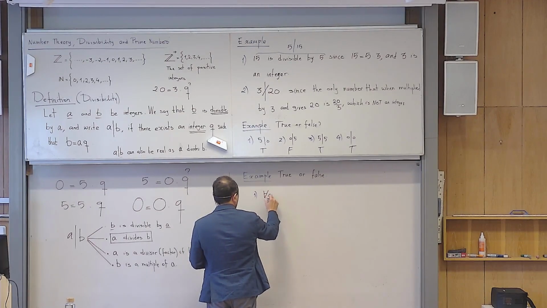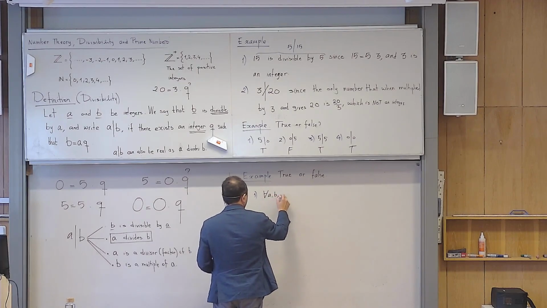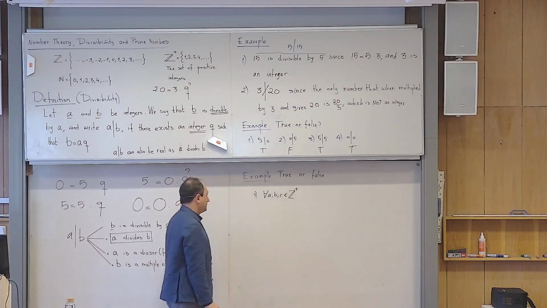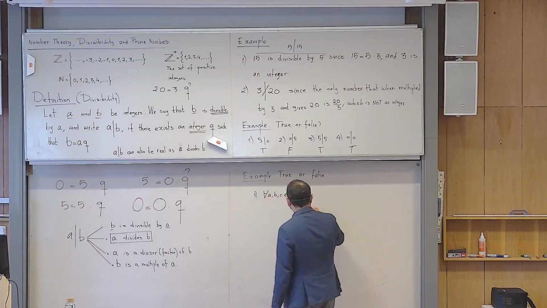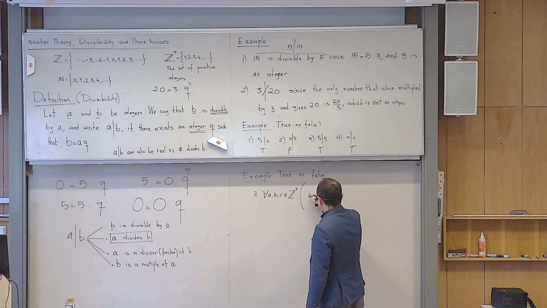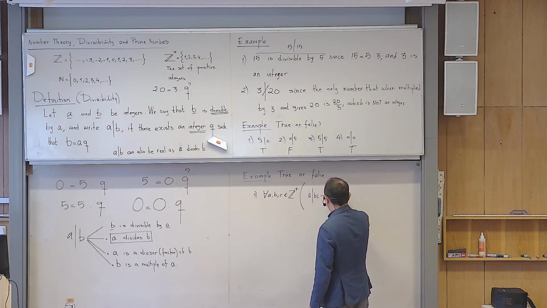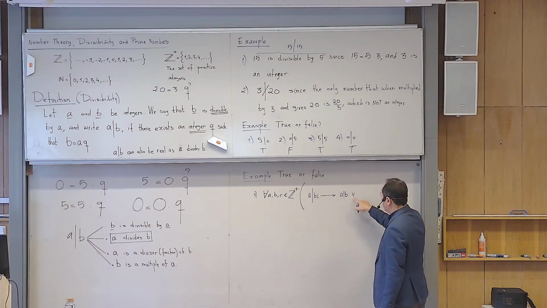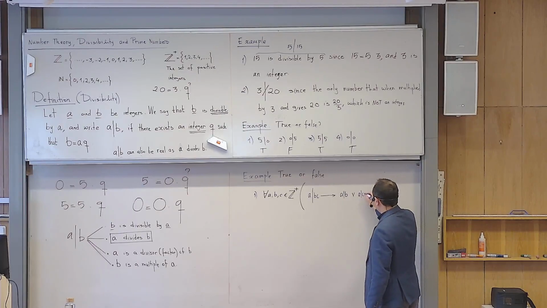So I will write: for all A, B, and C in Z plus, if A divides B times C, then A divides B, or, this symbol means or, A divides C.